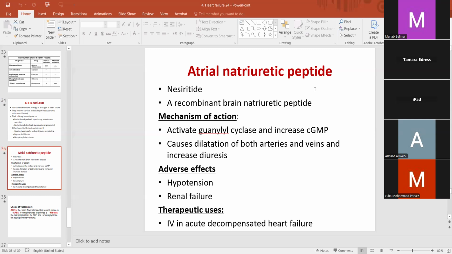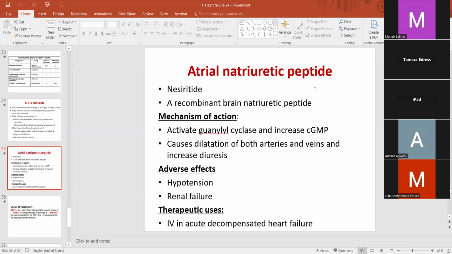This hormone is a vasodilator and increases renal perfusion, so it increases diuresis, which decreases the preload and relieves the heart. It also causes vasodilation, which helps in pumping blood without resistance, and venodilation, which also decreases the preload.